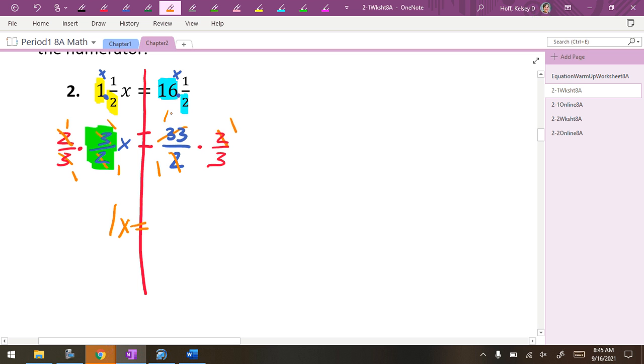So this one's going to become an 11, and your 3 is going to become a 1. So always just take the numbers on the bottom and see if they'll reduce the numbers on top. Then we multiply. 11 times 1 is 11. 1 times 1 is 1. 11 divided by 1 is 11.